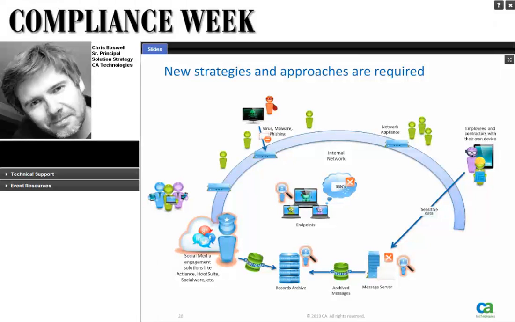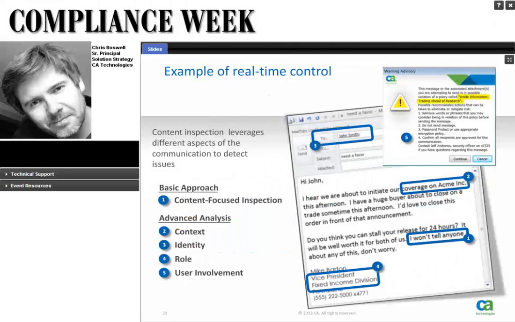I bring this to your attention because there are things that organizations are doing today. We mentioned e-discovery, we mentioned data loss prevention, and then there are reasons why the same old paradigm is not effective for the risks that are out there going forward.